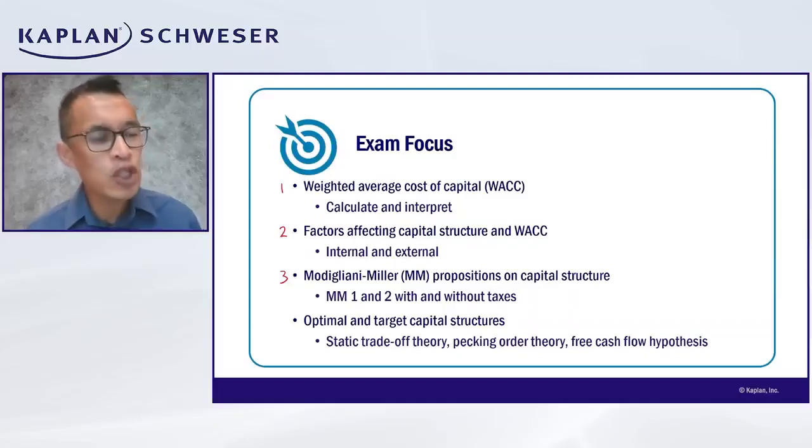The assumptions used by M&M attempt to demonstrate the irrelevance of capital structure in determining the value of the firm. But in real life, once we consider the impact of both taxes and the costs of financial distress, then we see that the capital structure does affect value, but the effect is not significant.